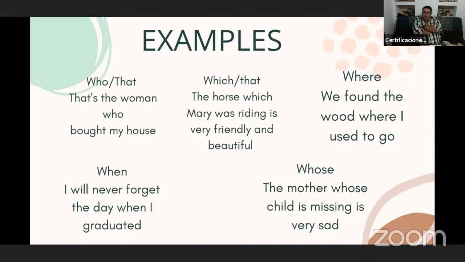Good, good. Talking about traveling, for example, or talking about famous people: I remember a king who was very friendly, no? Or talking about animals, for example: I know a spider which is very poisonous.